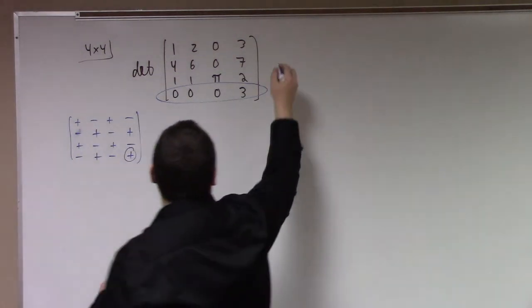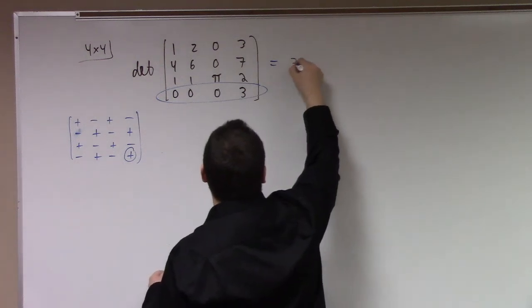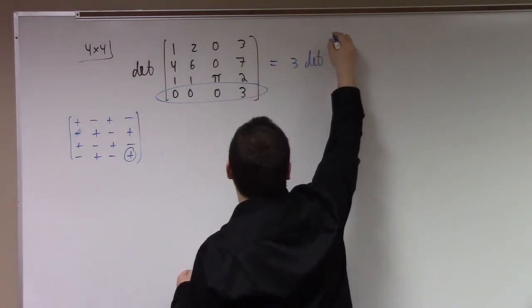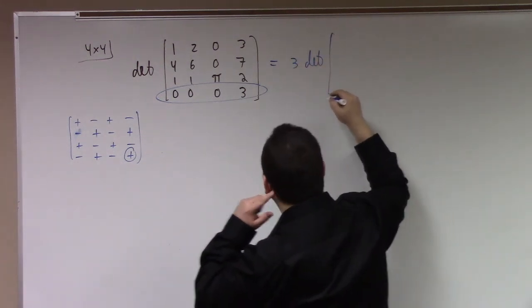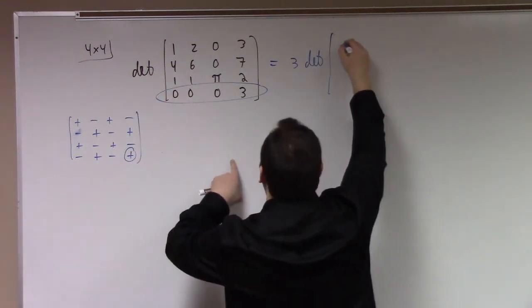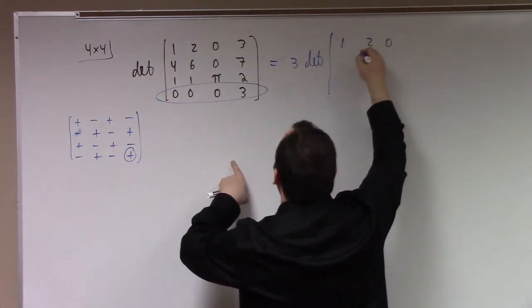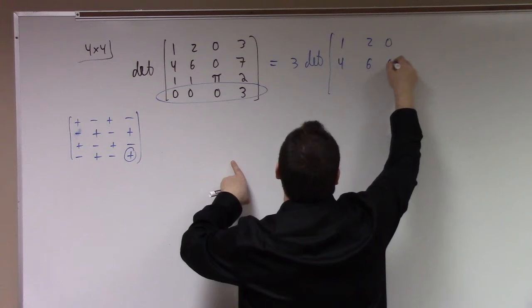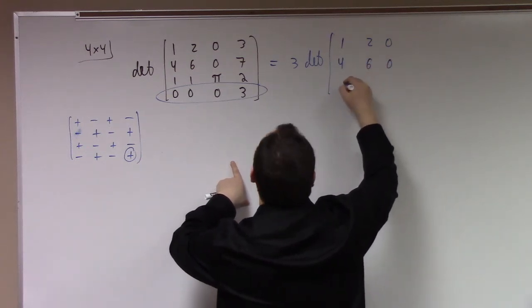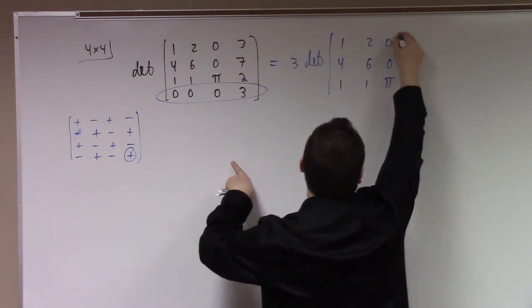So plus 3, and then we do the determinant of everything else. So 1, 2, 0, 4, 6, 0, 1, 1, pi.